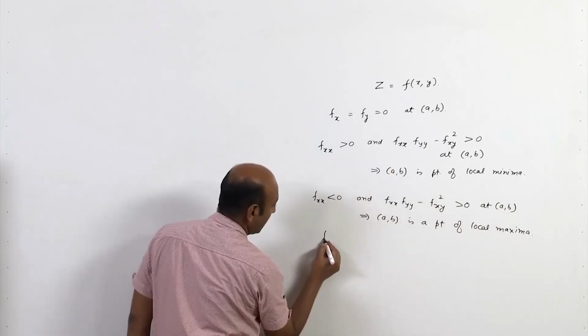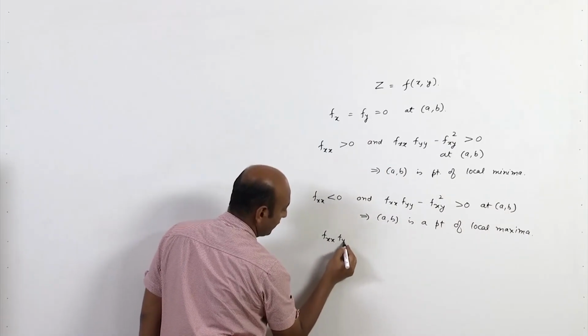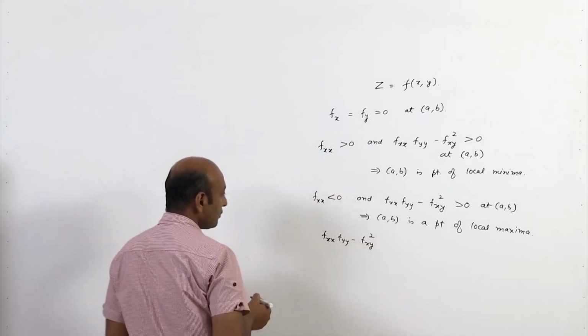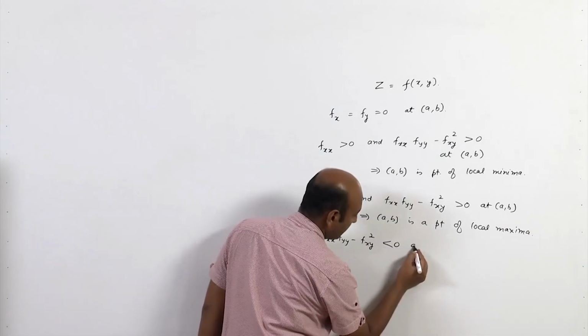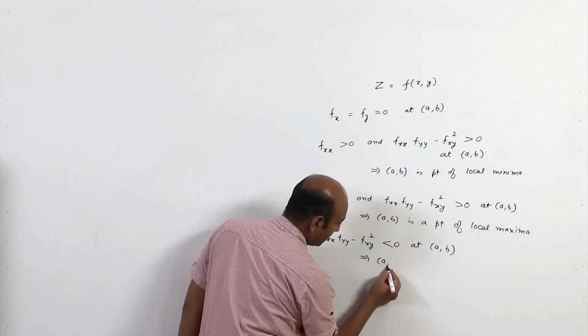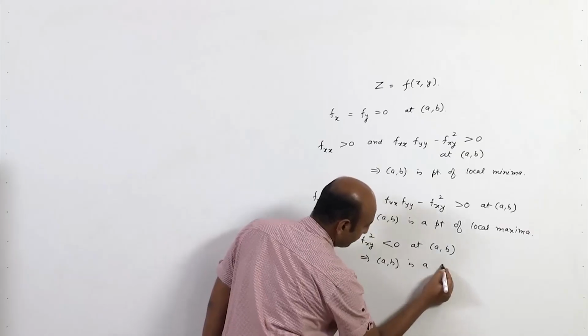And if fxx into fyy minus fxy square is less than 0 at (a, b), this implies (a, b) is a saddle point.